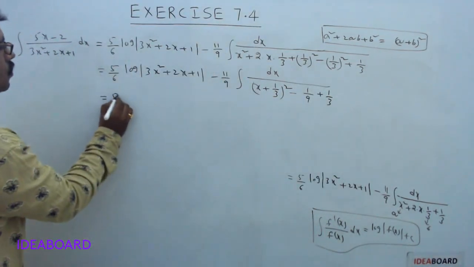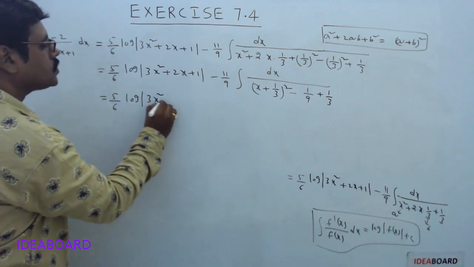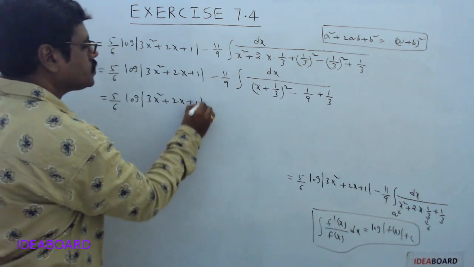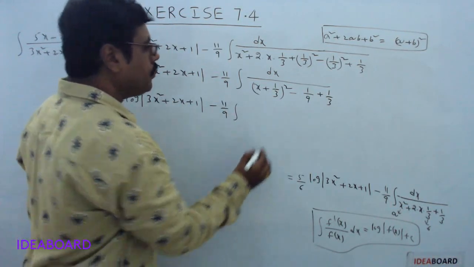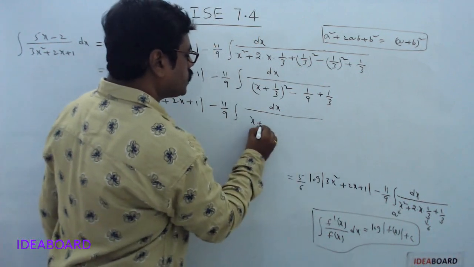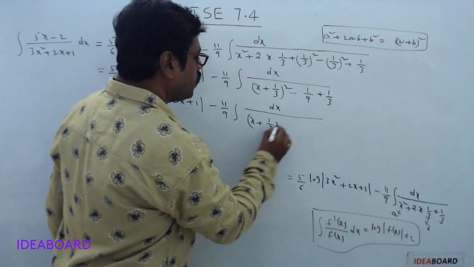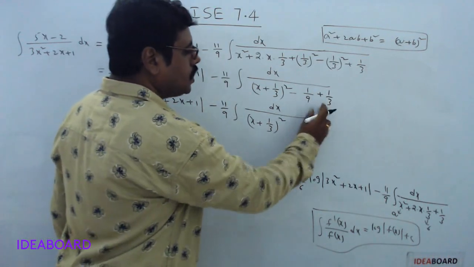Now this is 5 by 6 into log mod 3x square plus 2x plus 1 minus 11 by 9 into integral dx divided by x plus 1 by 3 whole square. Here what is the LCM? LCM is 9.